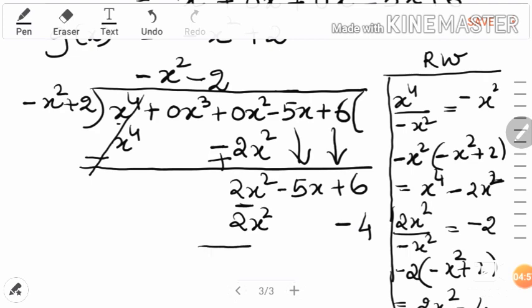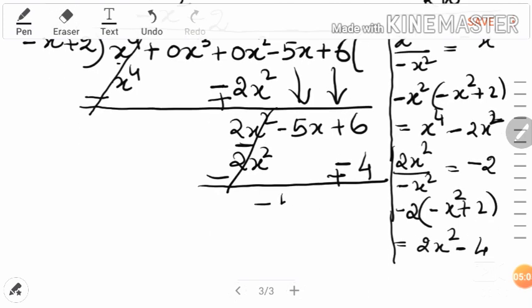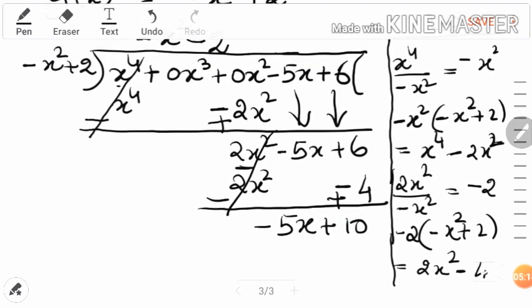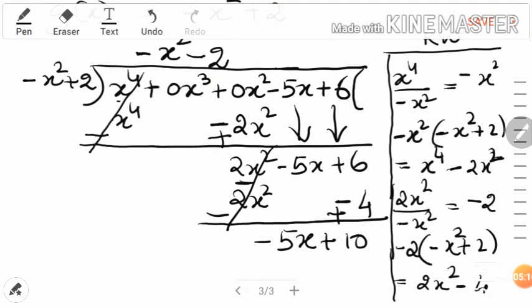Minus 4 will come under the constant. To subtract, we change the sign. So we get minus 5x plus 10. Now observe that the remainder polynomial has degree 1 and the divisor polynomial has degree 2.